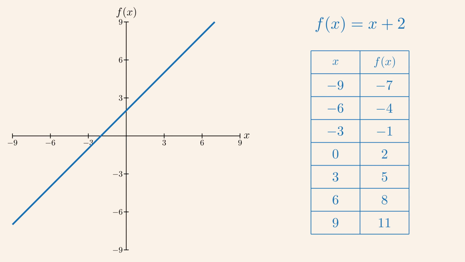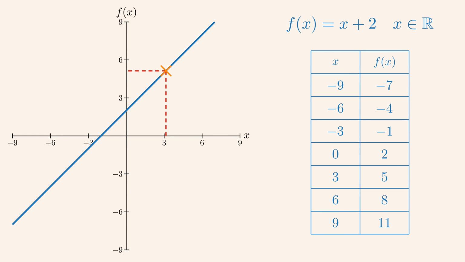We also need to specify the domain. In this case, the domain is all real numbers, which is shown by the expression being animated now. At a particular value of x, say x of 3, the blue curve gives only one value of f of x, which is 5 over here.